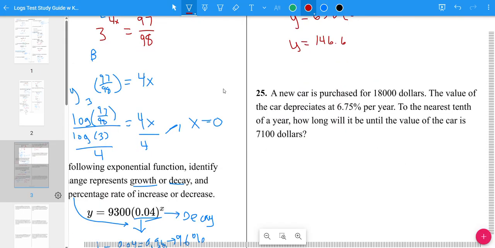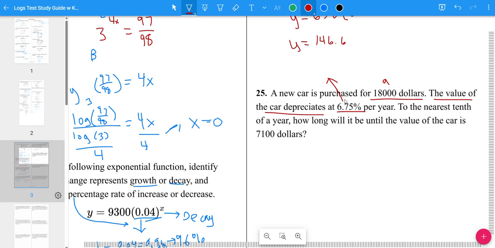And then we get the same kind of problem, except this time we're going to be solving for time instead. So a new car is purchased for $18,000. So this is my A. The value of the car depreciates, so it goes down at 6.75% per year.